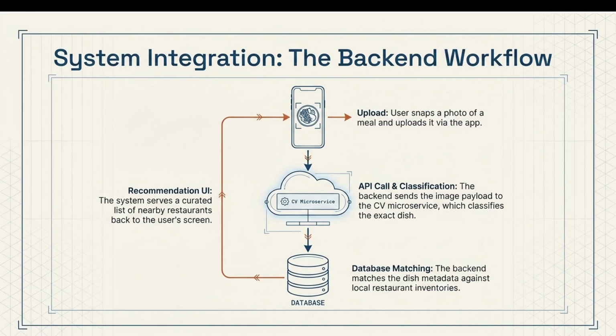Afterwards, it goes for database matching, where it checks whether that particular dish is available in the local restaurants, and it returns the restaurants where that dish is available. This is one of the real-time examples of how a computer vision application works.